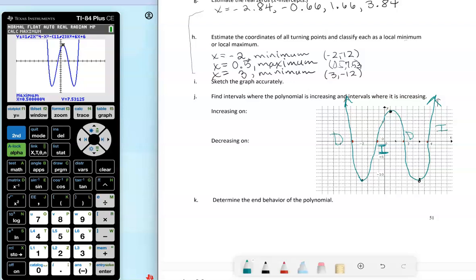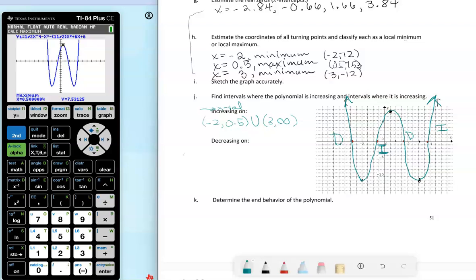So it's increasing from this minimum, x value, which is -2, until the maximum value of 0.5. And once again, this is increasing and decreasing. We give the x values in our intervals. And then it's increasing from this minimum's value, which is 3, to infinity, because it just keeps increasing.